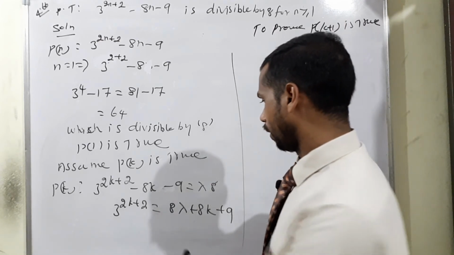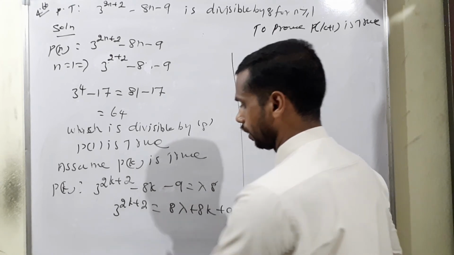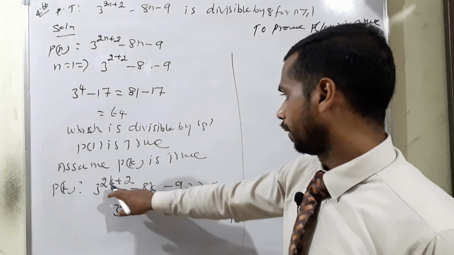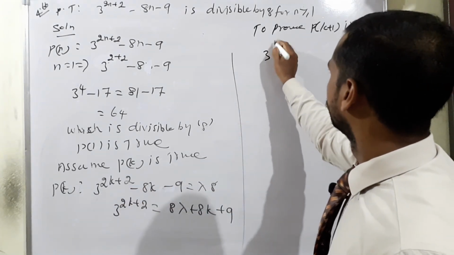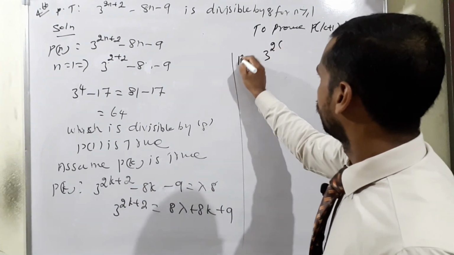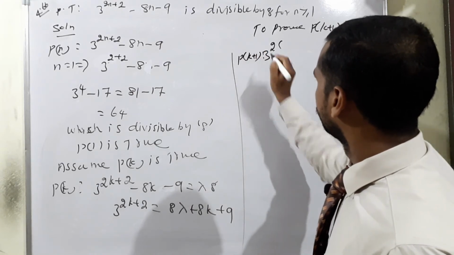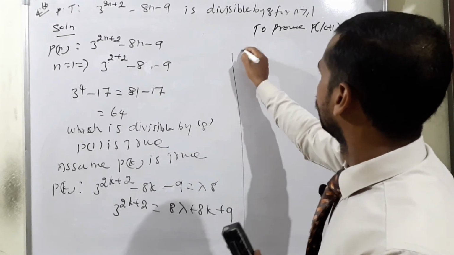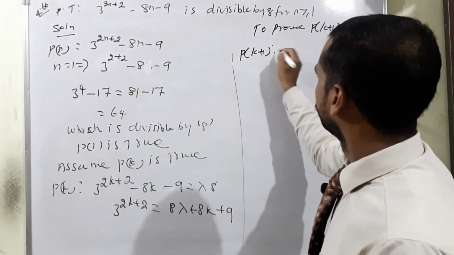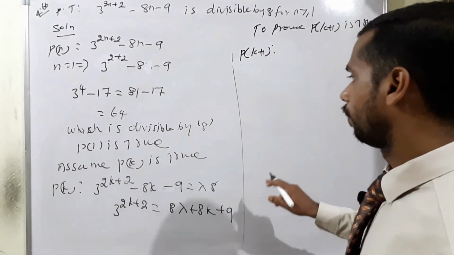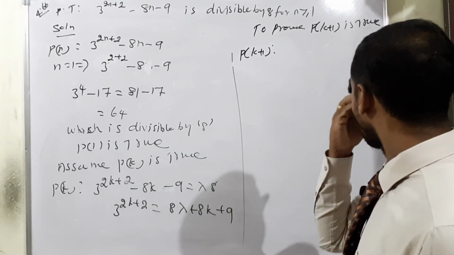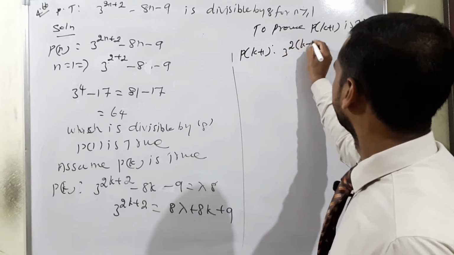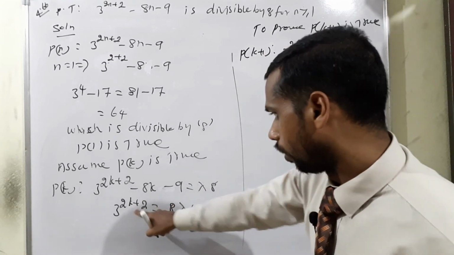Again, what we have to do, instead of k we can write k plus 1, isn't it? This is our main condition. What is the main condition? P of k plus 1: 3 to the power 2 of k plus 1, then one more plus 2 is there, isn't it?